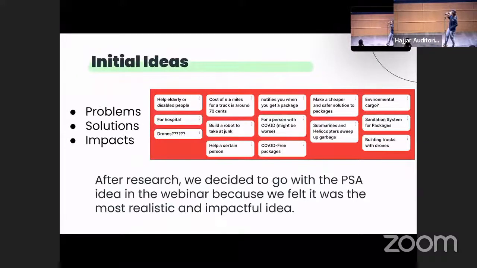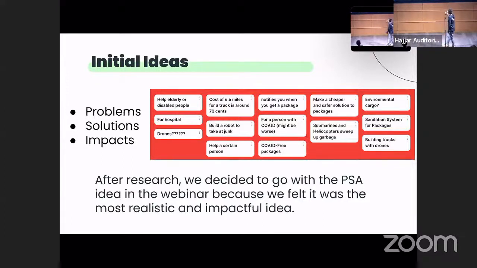Okay, so basically we had some initial ideas. We made a Padlet and brainstormed possible problem solutions and impacts. As you can see, we had 10 to 15 different ideas that we could have done.